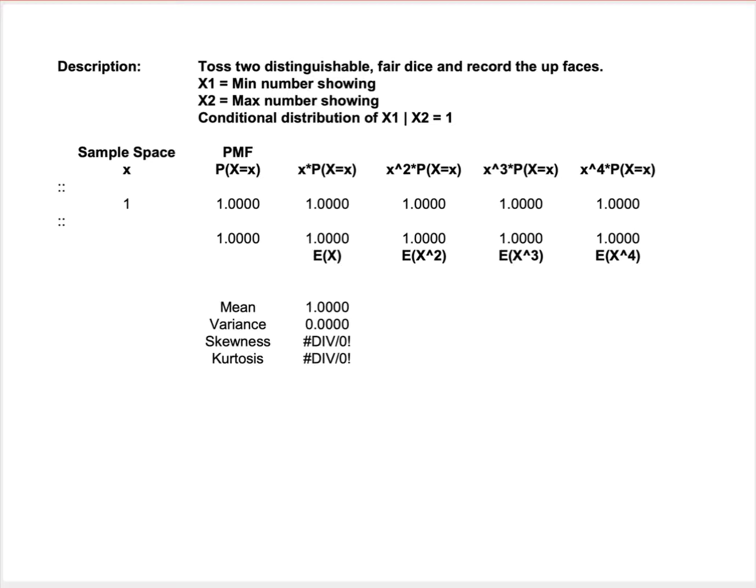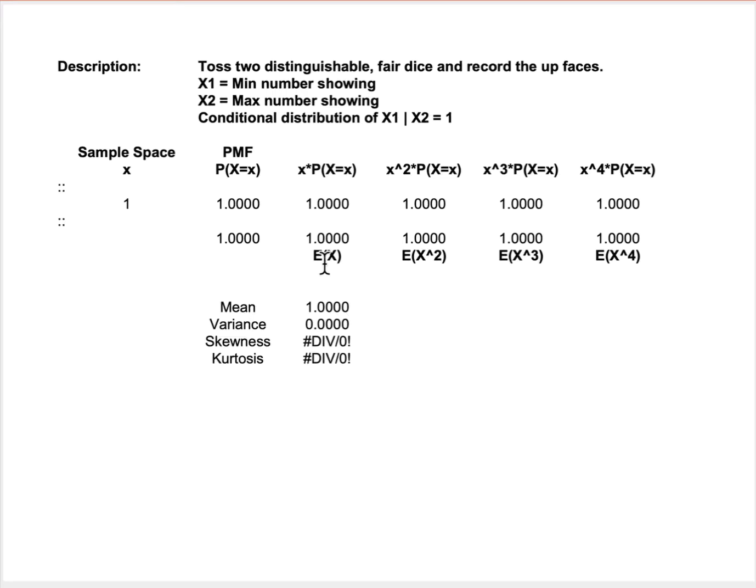So here is the spreadsheet for the conditional distribution of x1 given x2, in particular given that x2 is equal to 1. Since we've already derived the formulas for the conditional PMF of x1 given x2, all we have to do here is input the appropriate conditional PMF into the spreadsheet.